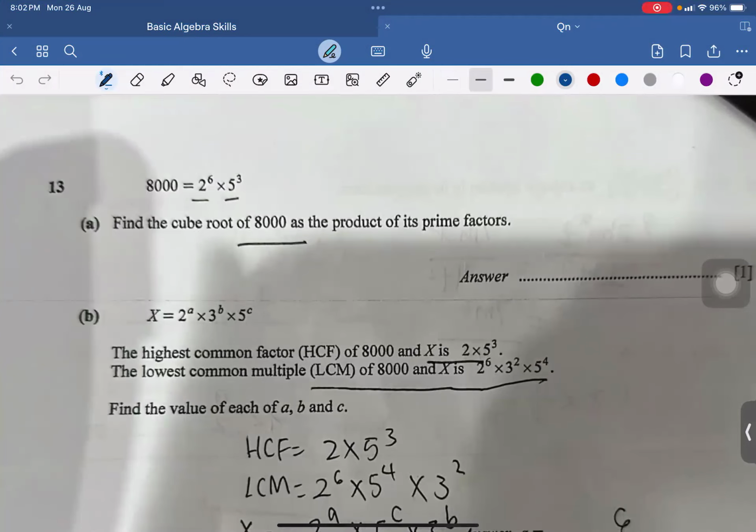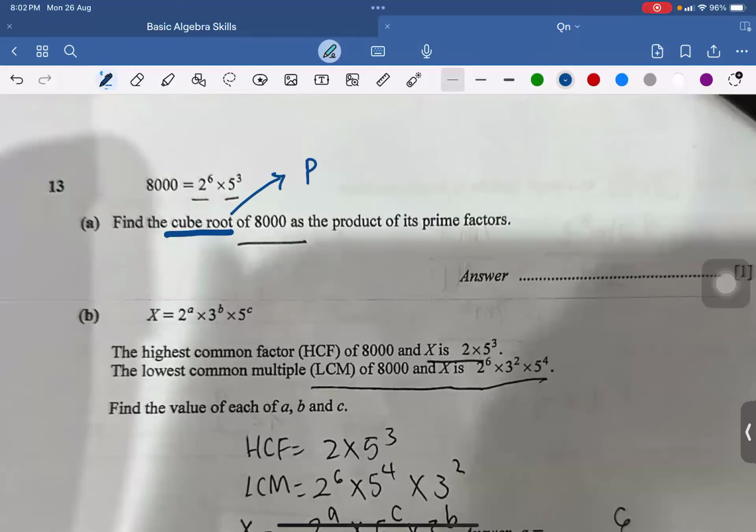If you want to find the cube root, what happens to the power when you take the cube root? If you have cube, the power is multiplied by 3.